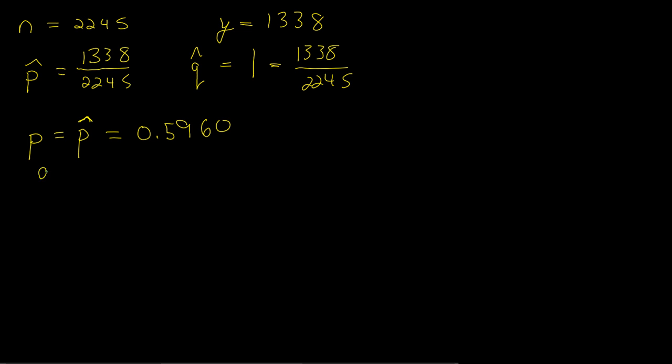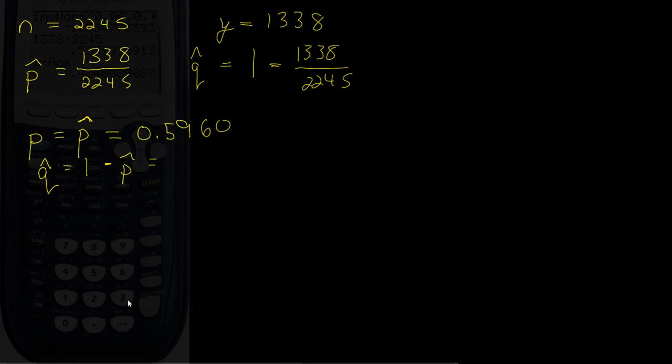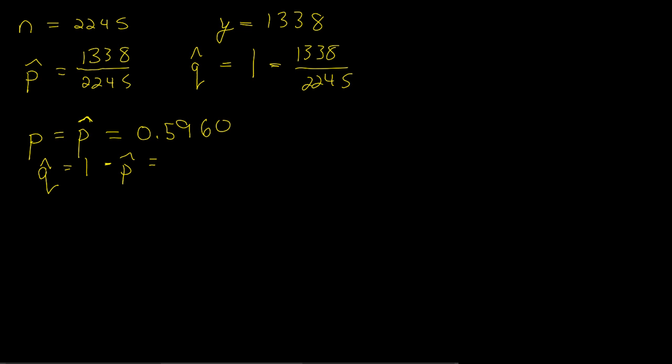That means the Q value is 1 minus this, or 1 minus P. So we'll come back to our calculator here, and we'll go 1 minus second answer, enter, and we get 0.4040.